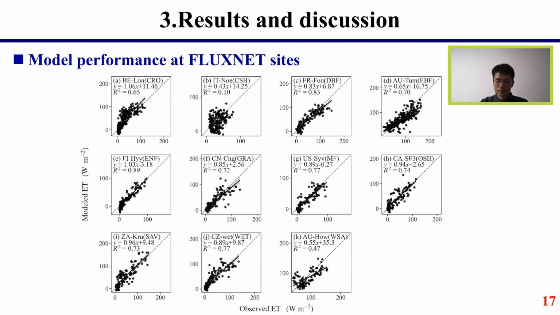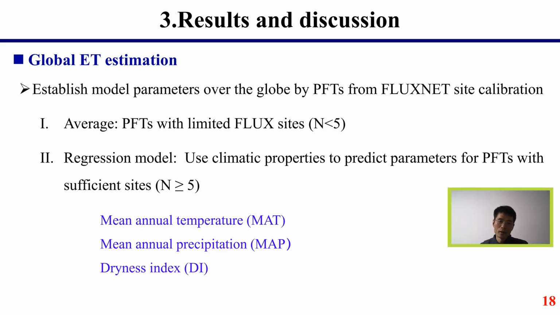After that, we parameterize the model at the 68 sites. If we want to extend this model to the global scale, we need to establish the global distribution of the two parameters, alpha and beta. For all the driving forces, like the meteorological forcing, precipitation and vegetation, we have them.